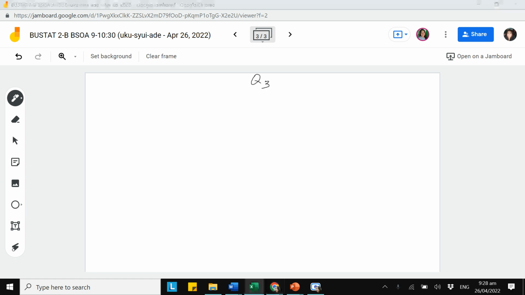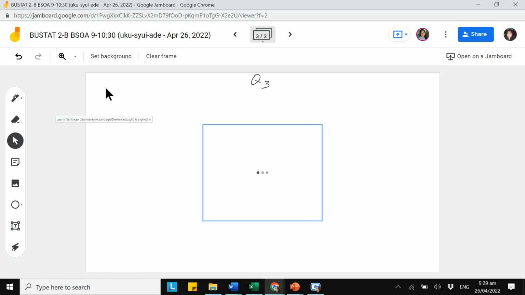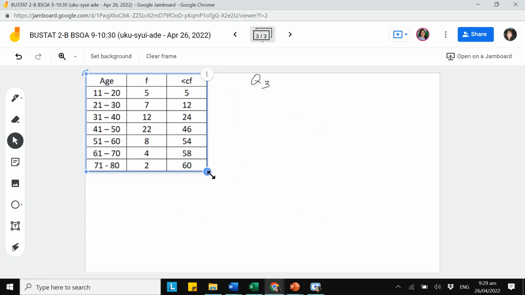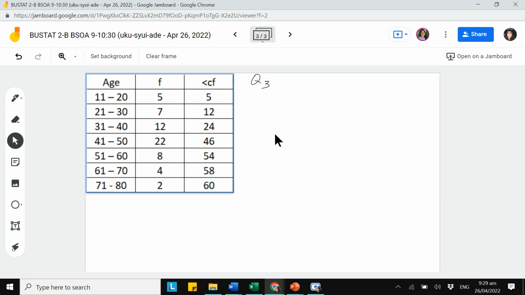Okay, so let me just copy again the table. So to get the quartiles, we can't just say it is located at 10 or what. You have to get the m sub n. So for that, to get the n value, it's 3, right?